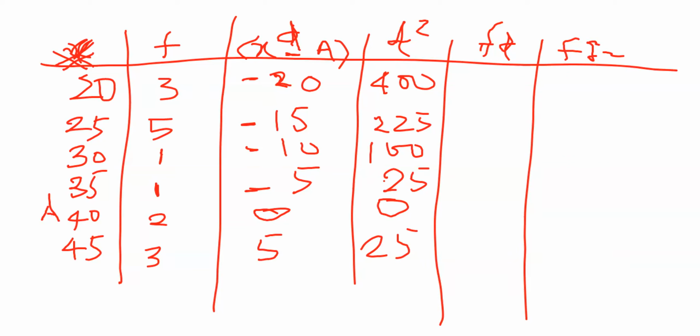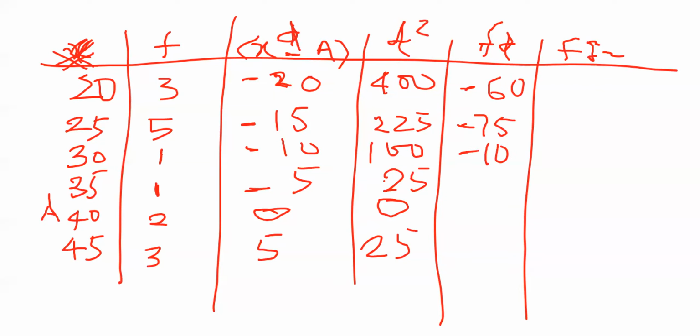Yes, sir. Good. But let's multiply. F is 3, 5, 1, 1, 2, 3, multiplied by D. That will give us minus 60. 5 times minus 15 will give us minus 75. 1 times minus 10 will give us minus 10.